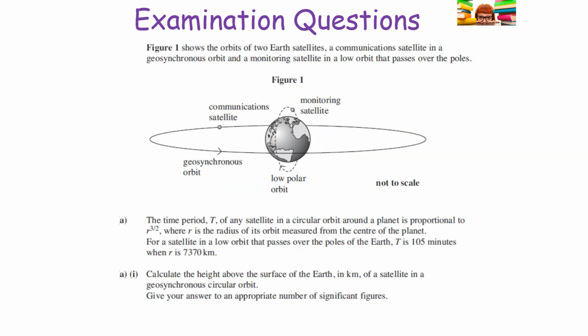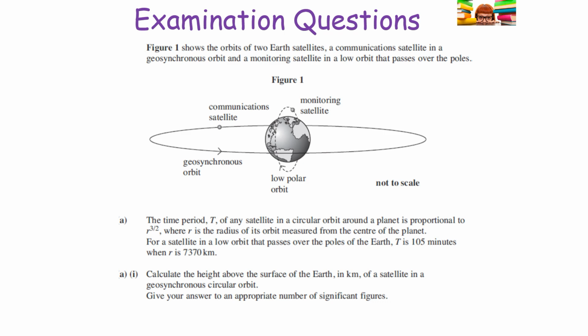Next question. Figure 1 shows the orbits of two Earth satellites, a communication satellite in a geosynchronous orbit and a monitoring satellite in a low orbit that passes over the poles. The time period t of any satellite in a circular orbit around a planet is proportional to r to the power of 3/2, where r is the radius of the orbit measured from the centre of the planet.